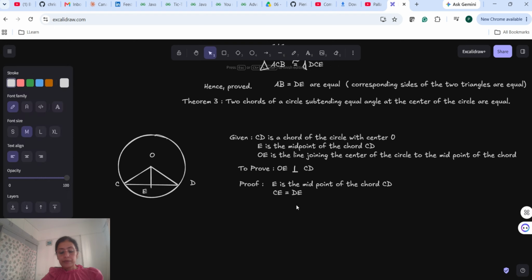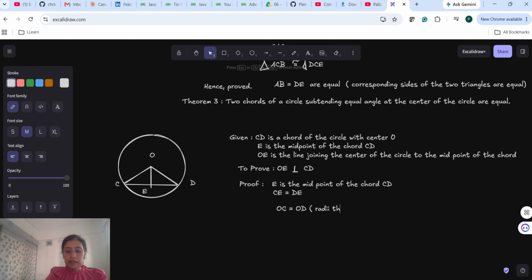So what do we see here? We have two triangles here, OCE and ODE. Now what we know is OC is equal to OD. Why are they equal?